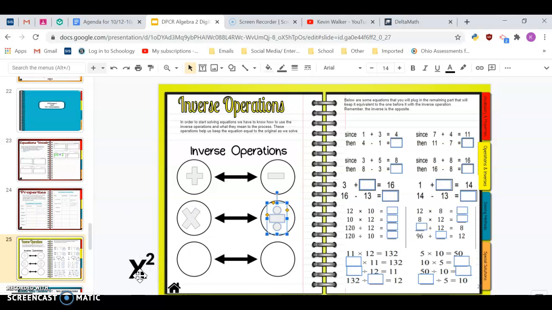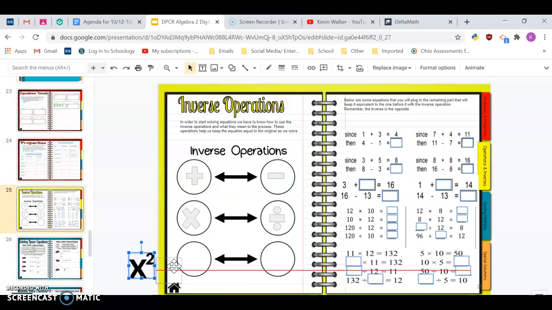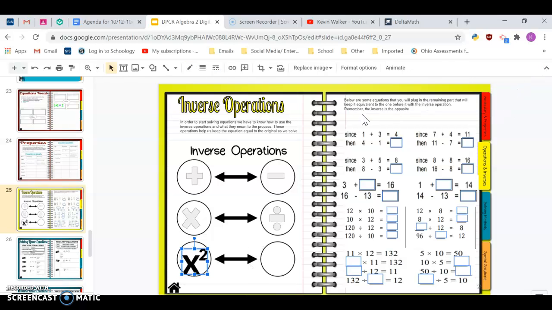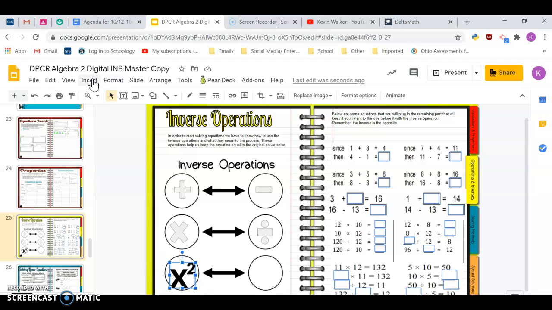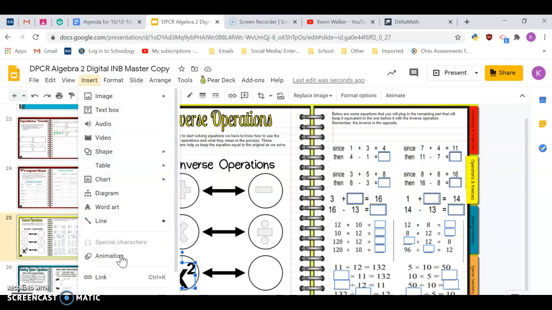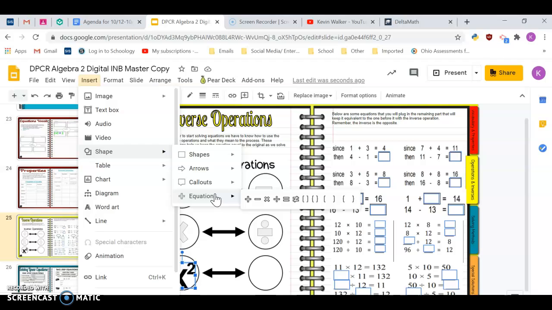One of my symbols happened to disappear on my end, but that's my fault. Over here we have something to the second power. This is an exponent. The opposite of doing anything with an exponent is taking the root of that exponent. Let me see if I can find that square root symbol here.